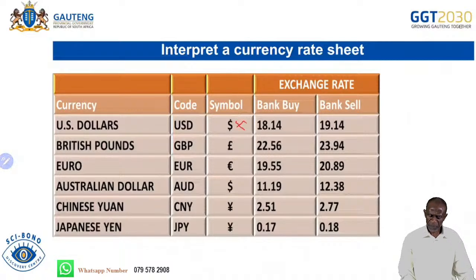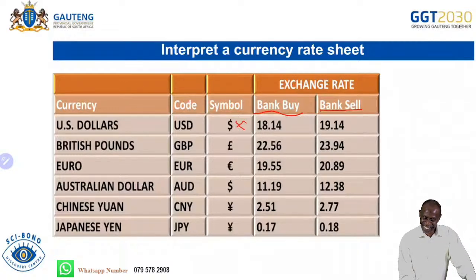Here on the table, we have indicated the bank buy and the bank sell. The bank buying rate tells us the rate the bank will use to buy foreign currency from clients.